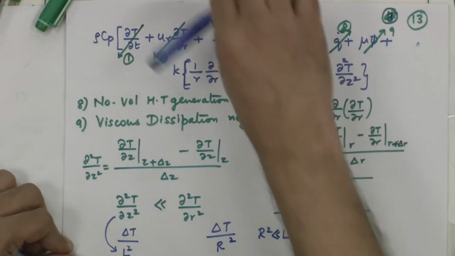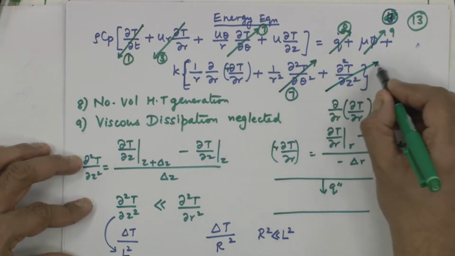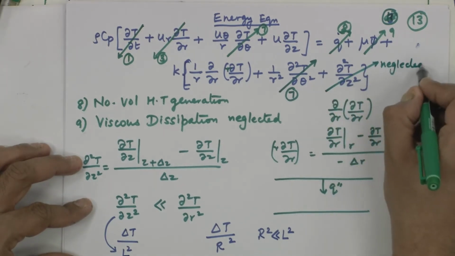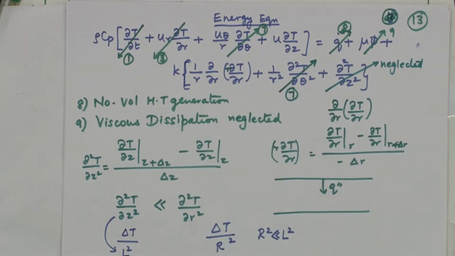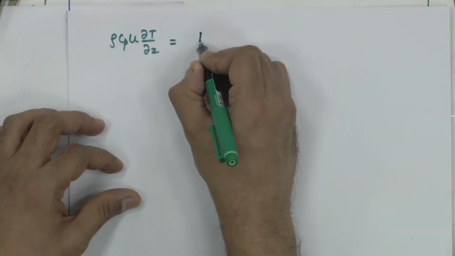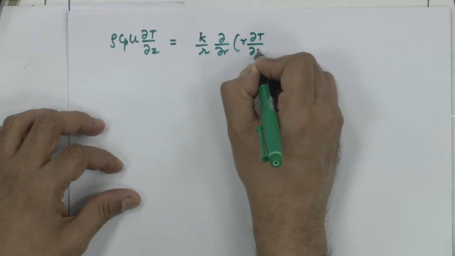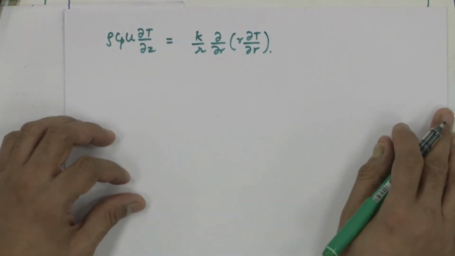So, my gradient in the z direction, in the flow direction, is neglected in comparison with the second derivative in the r direction. That is why we are going to drop this d square T by dz square term, and I am left with rho Cp u dT by dz is equal to k over r d by dr of r dT by dr. This is what I am left with.